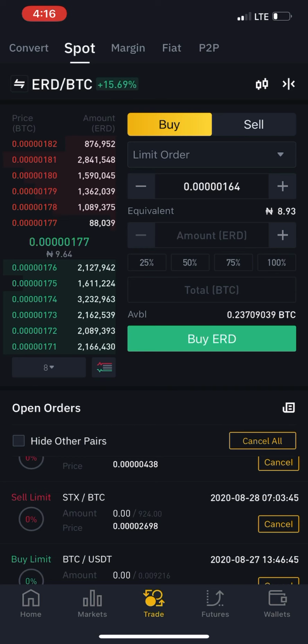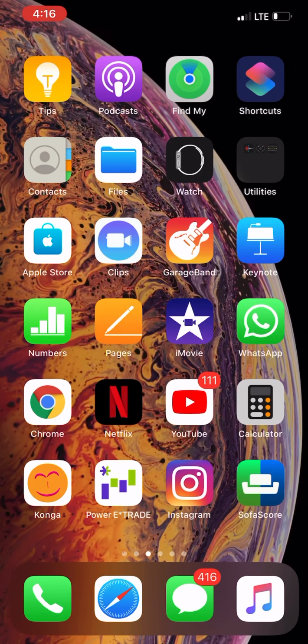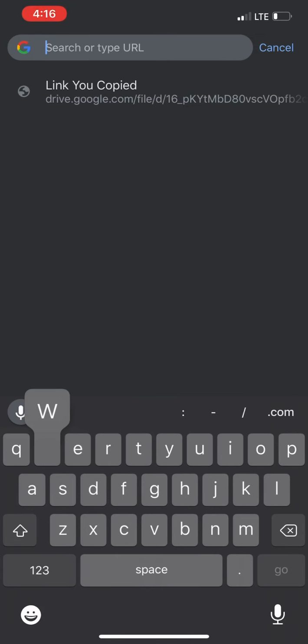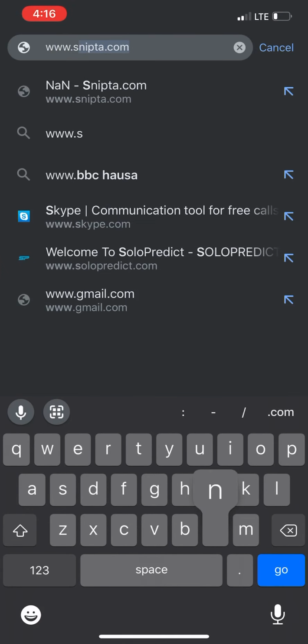Now what we are going to use is a cryptocurrency calculator called snipter.com. So now let's log into snipter.com, www.snipter.com. Hold on guys.